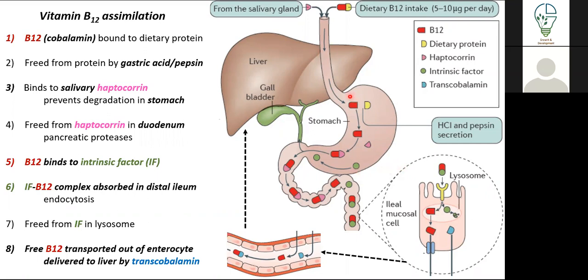Because if I remove the stomach, I cannot absorb the B12 that I have eaten. That's number one. And if I want to make a drug that has both vitamin B12 and intrinsic factor together, and then I give the patient this drug, so they will be able to absorb it, why would I do it when I can just give them B12 injections?